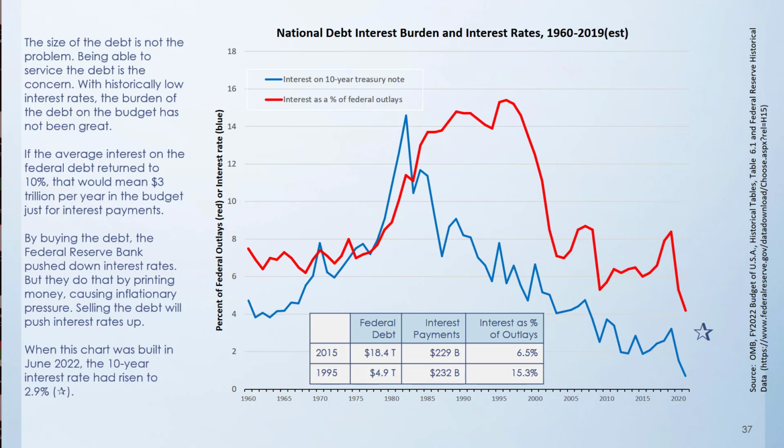Servicing that debt is the problem. The little star here on the right-hand side of the graph is where interest rates are at the time I'm recording this video in June of 2022. If interest rates continue to rise, that red line necessarily has to go up. The interest payments that we make are going to rise and will take up a larger and larger share of the federal budget.